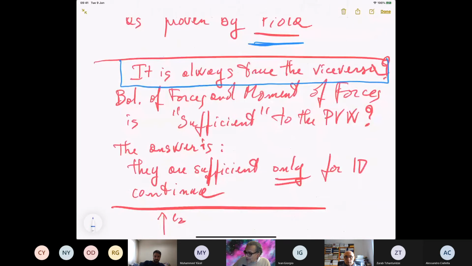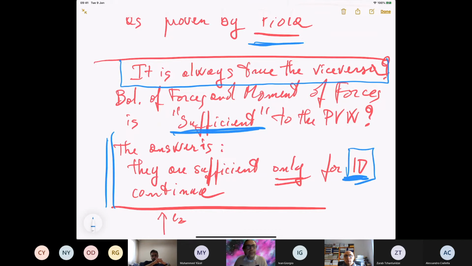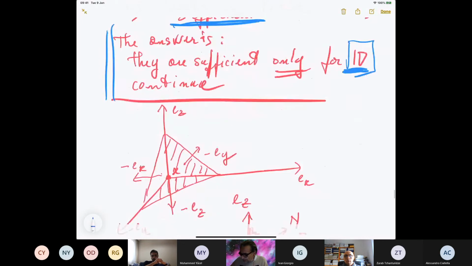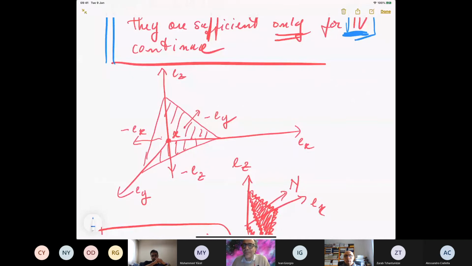In other words, is balance of forces and moment of forces sufficient for the principle of virtual work? The answer is that this is true only for first gradient continuum. So if you invent a postulation for mechanics in which balance of force and balance of moment of forces is the only postulate, then you limit yourself to first gradient continuum. So you cannot see anything else outside.